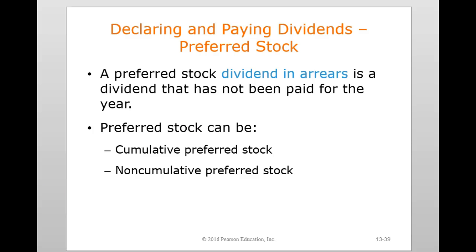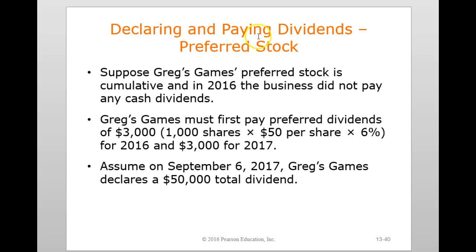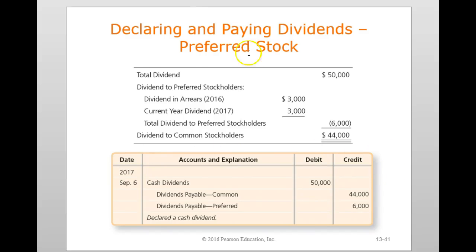So there are 2 types. And here's an example. Preferred stock is cumulative, and they didn't pay any cash dividends in 2016. If they had paid dividends, it would have been $3,000 to the preferred stock first. So in 2017, they declare a dividend of $50,000 total. This is kind of what it looks like.